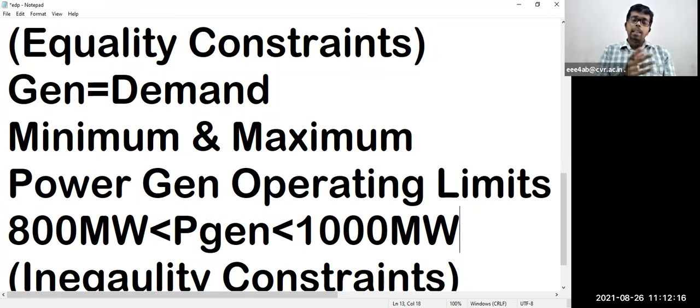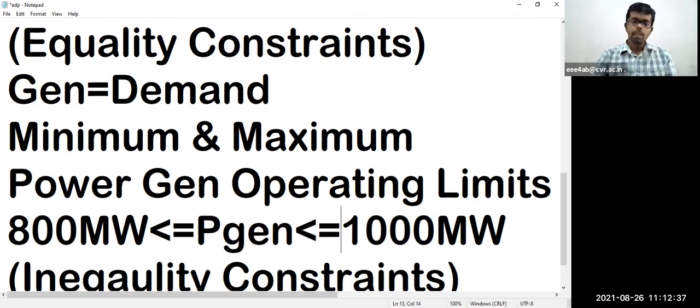So it is 800 megawatt less than or equal to power generation, less than or equal to 1000 megawatt. It might be 800 megawatt, or otherwise 810, 850, 890, 900, 950, 980, 990, or even 995, 998, and 1000. It should not cross 1000.